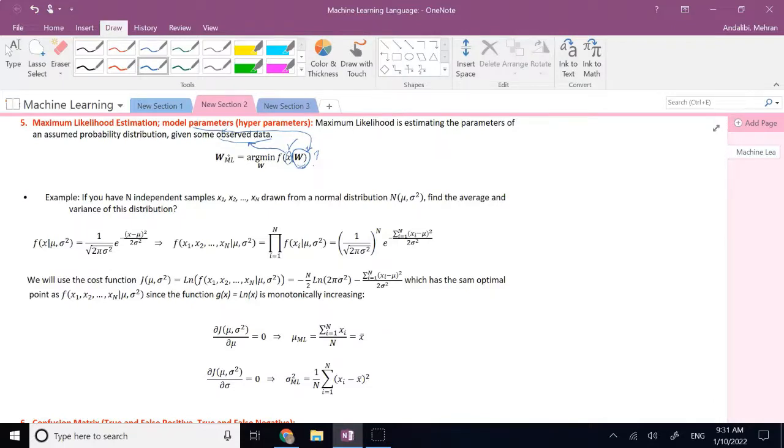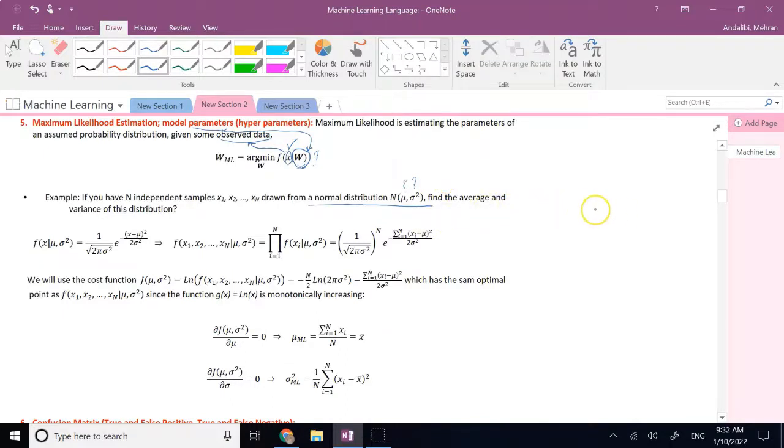Let's say I have a system and the model of the system is a normal distribution with an average of mu and a variance of sigma squared, right? Now, from this model, I don't know what mu is, I don't know what sigma squared is. I just know the system has a normal distribution with these two parameters that I don't know.